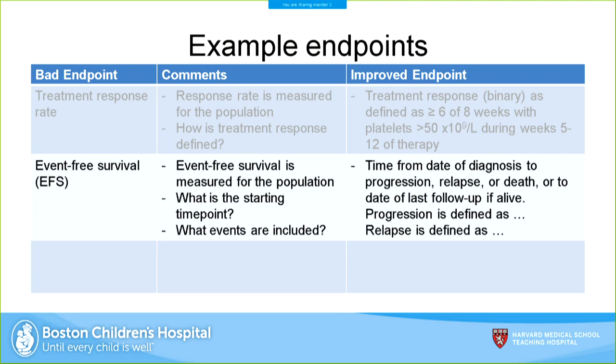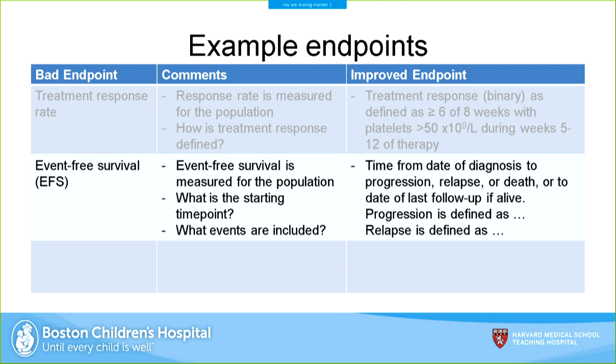So second, event-free survival, EFS. So again, EFS is a proportion measured for the whole population, not for a single individual or subject. For any survival outcomes, you need to think about what the starting time point is. Are you measuring from date of diagnosis, from date of surgery, or maybe another time point? And then for the events, which events are included?